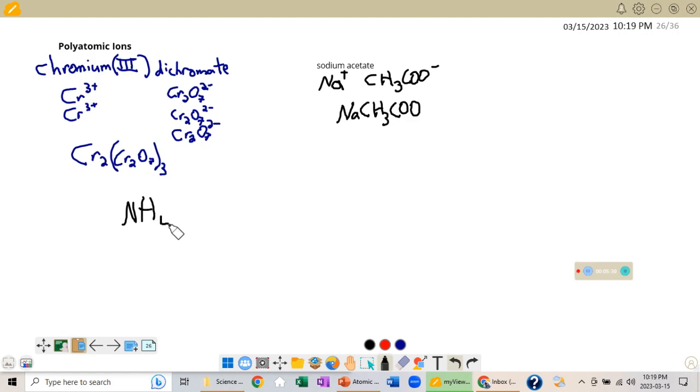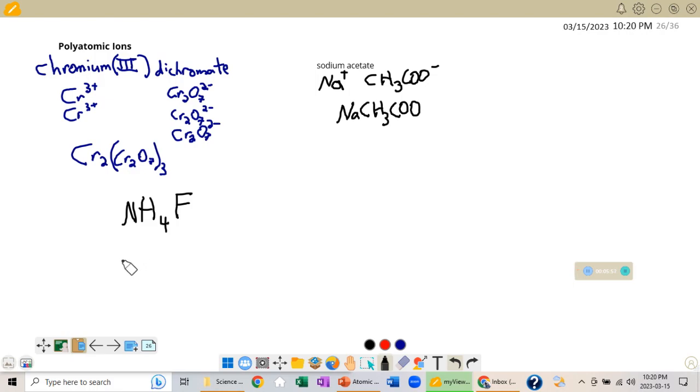So I'm going to look at NH4, and we're going to go with F. So I look at this and I go, NH4F, what in the world is going on? This looks like just a random string of nonmetals, but then I go, oh wait, NH4 plus, that's ammonium. F minus, that's fluoride, right?